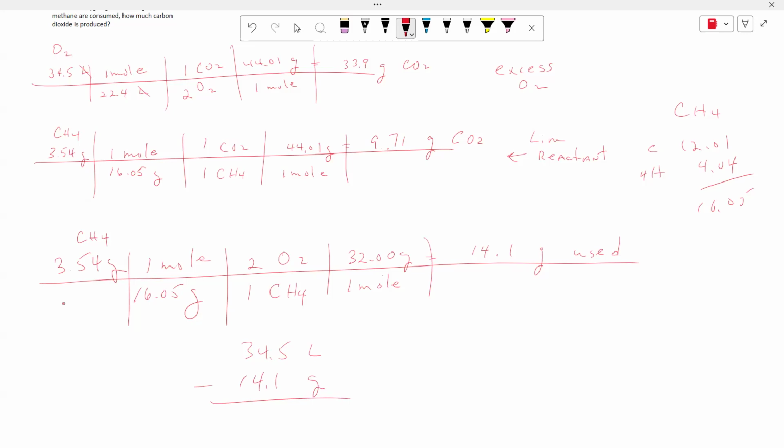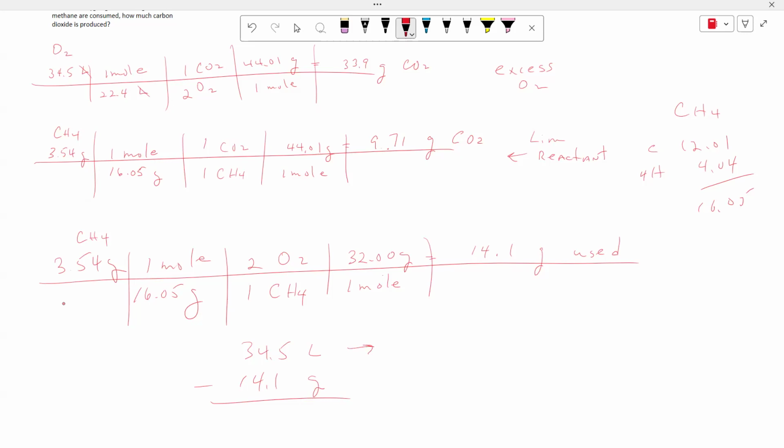No, that was just how much carbon dioxide we'd make if we ignored this. But the problem is we're dealing in liters here, not grams. So what do we have to do? Like life, convert. So instead of trying to subtract grams from liters, we're going to convert now.